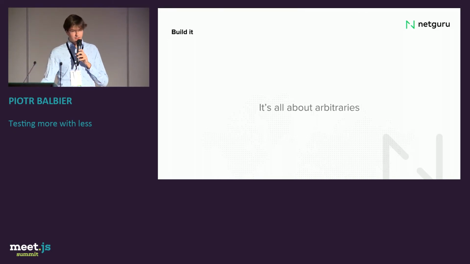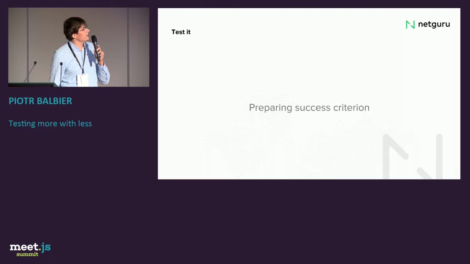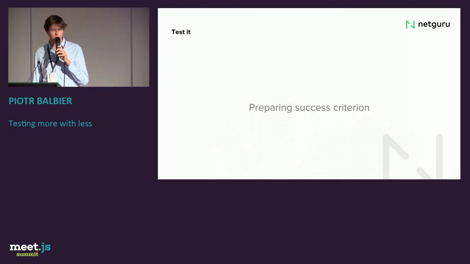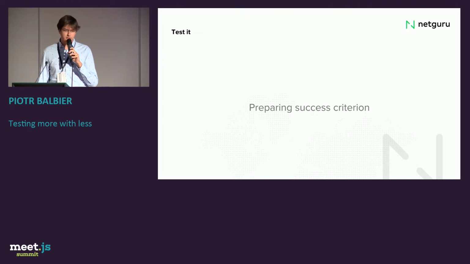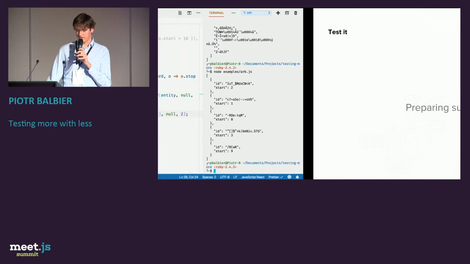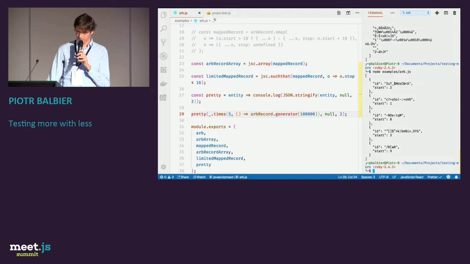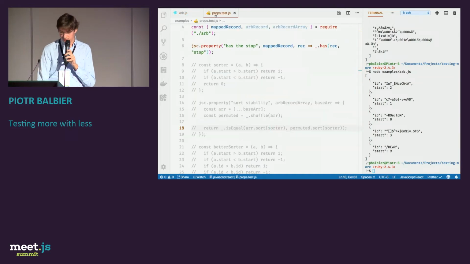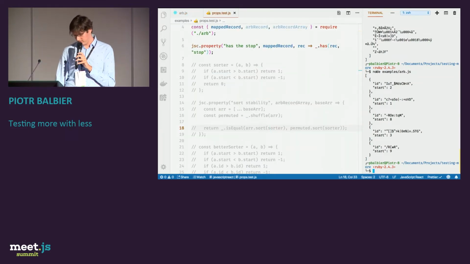And all that's generated is then fed to an actual test. Usually it's called a property. And what it is actually doing is preparing the success criterion for which the test should pass. So I'll just need to run the test.